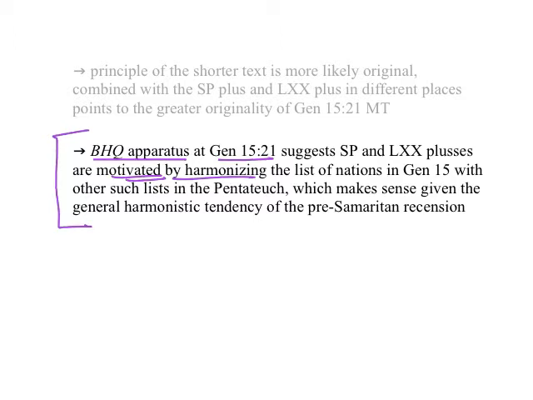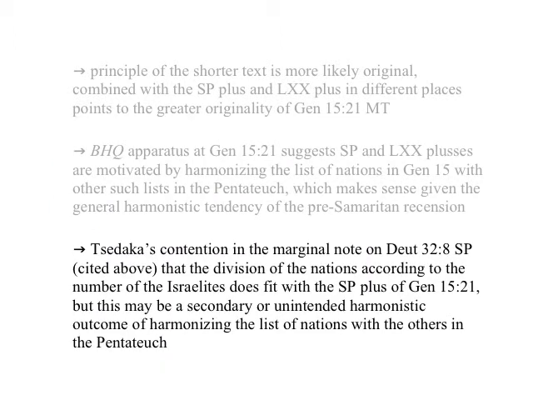So it seems that the marginal note in the English translation of the Septuagint perhaps needs some adjustment. There does seem to be more of a harmonistic sort of situation between the nations according to the number of the sons of Israel in Deuteronomy 32:8.